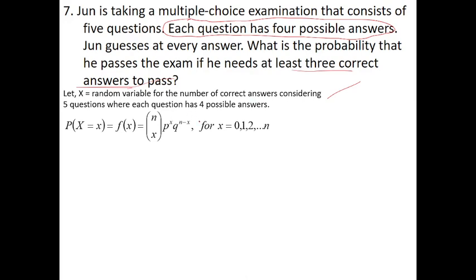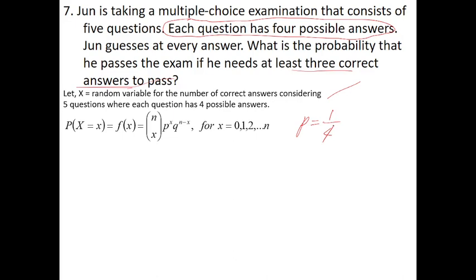So in this case, if we analyze every question that has 4 possible answers, what's the probability that in that question we get the correct answer? That is 1/4.